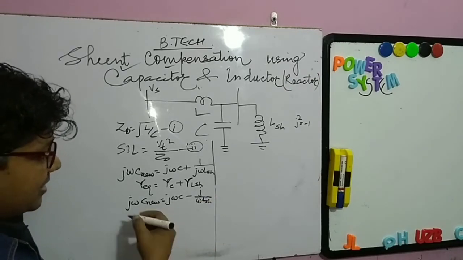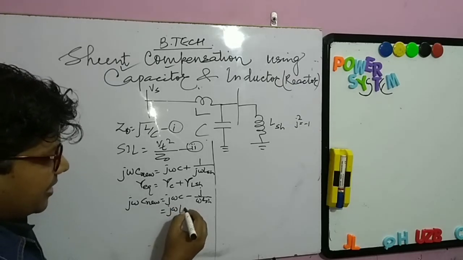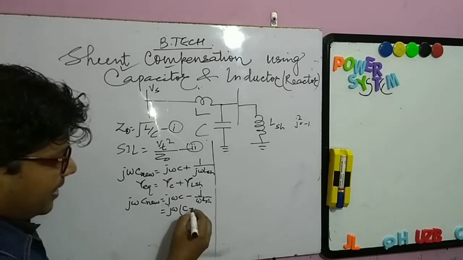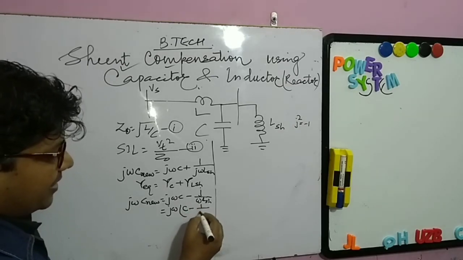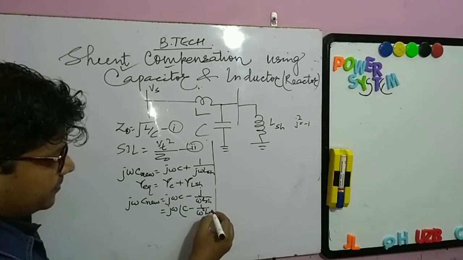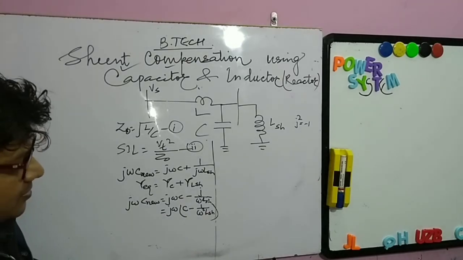If we take j omega common, what we get here is C minus 1 by omega square L_SH.